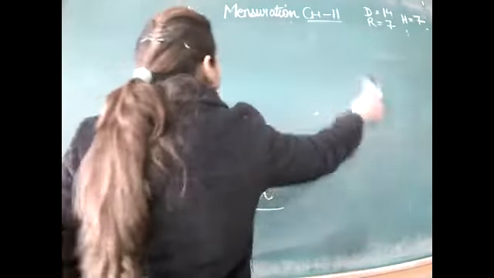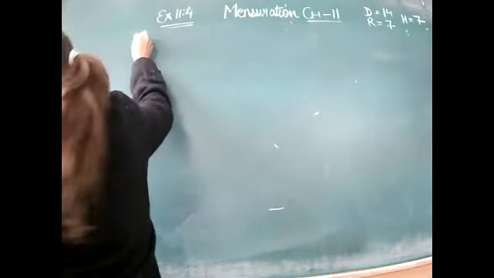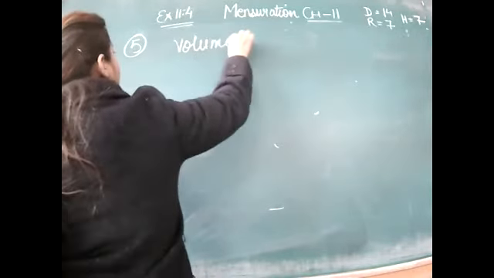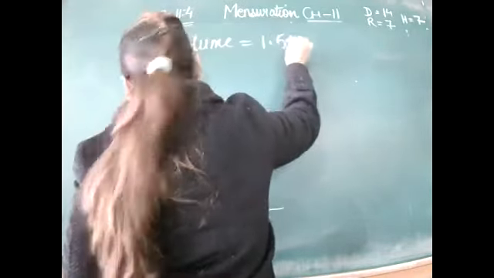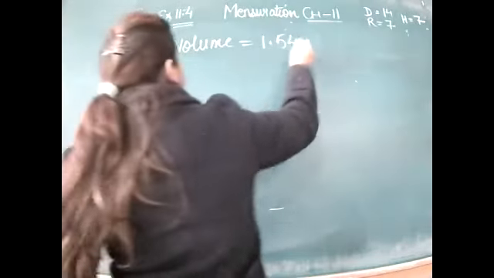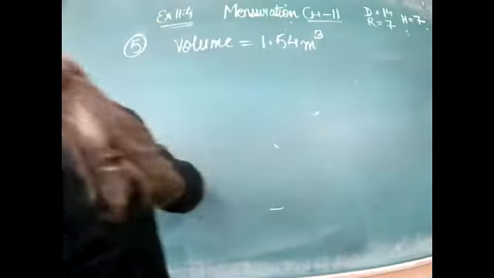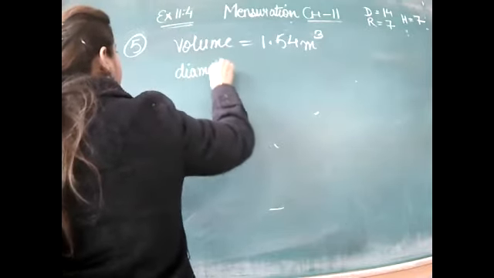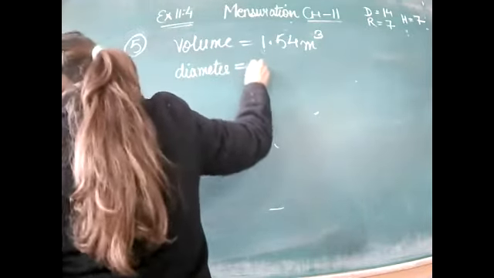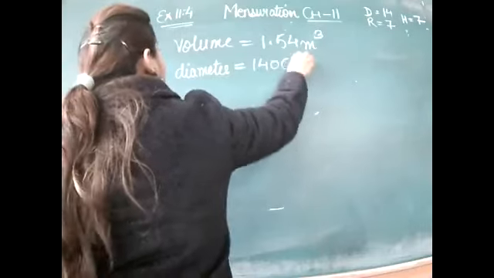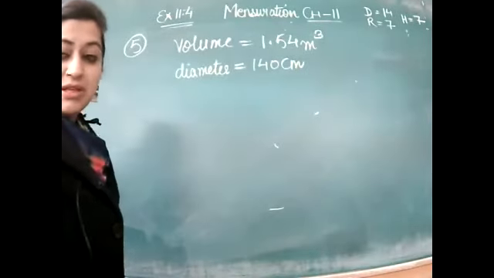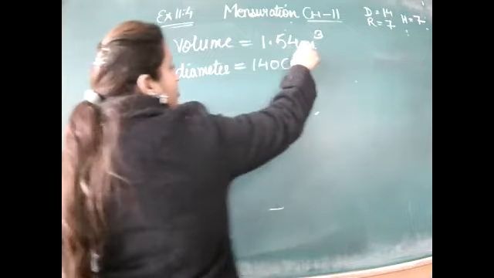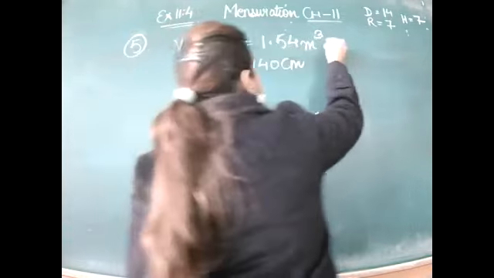Question number 5. Volume is 1.54 meter cube. Diameter is 140 centimeter. Diameter is given. As this is in meter, this is in centimeter, so better to convert this meter into centimeter.